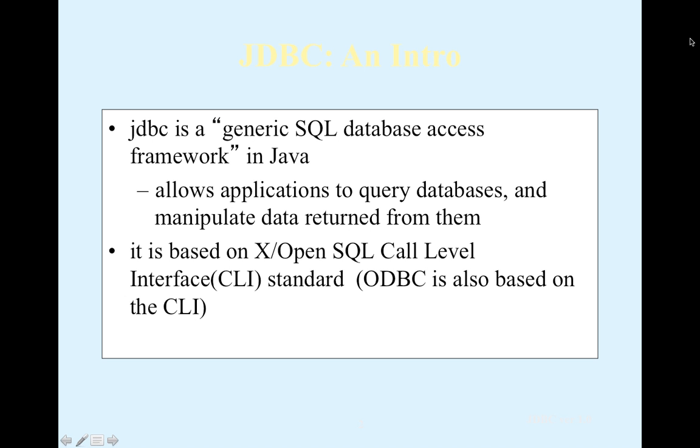ODBC is also based on CLI. If you are on Windows, you have an ODBC driver. You can create a DSN, a data source name, and give your database names and everything. So your Java application driver can talk to that ODBC like a bridge and talk to the database.